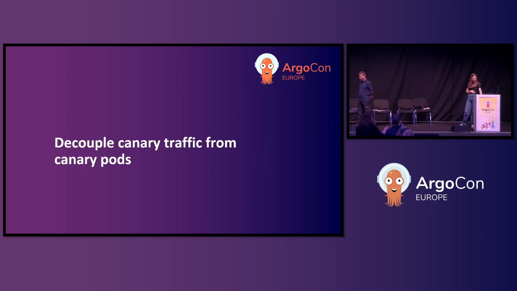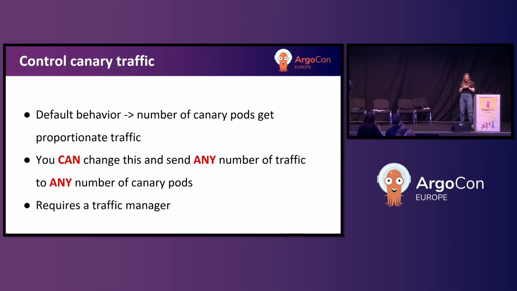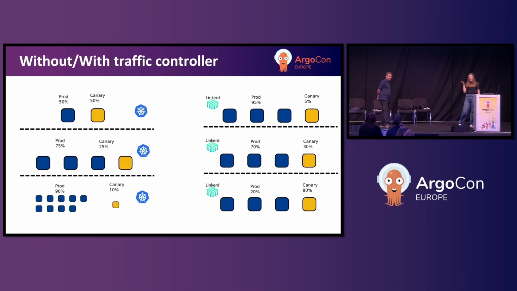And we have another solution that we can talk about. So having a fixed number of pods set to a fixed amount of traffic, we can use a traffic controller or traffic management to determine how much traffic is sent to each pod.